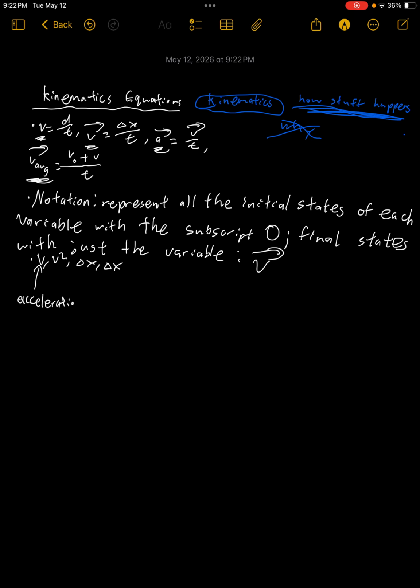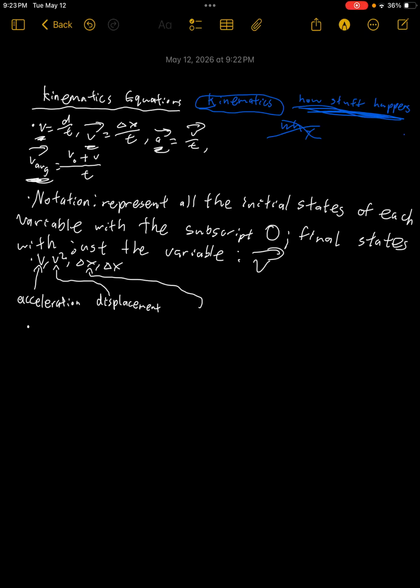The one with v squared is similar to the one with v, but it has displacement in it. And the displacement equations tell you a lot about velocity, time, and acceleration. So yeah, let's get started.